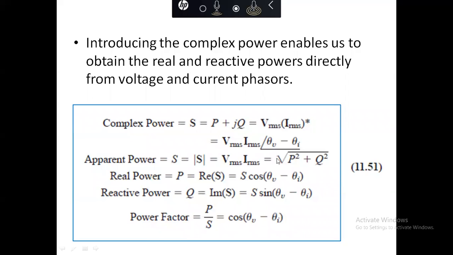So if we are determining the capacity of our network, we are finding the apparent power consumed by the network, and that apparent power is found from the complex power formula, which is P plus JQ.